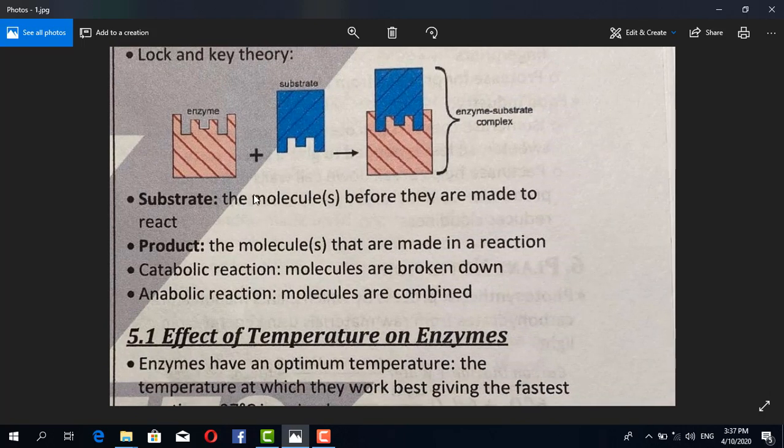The substrate here is the molecules before they are made to react. Okay, in any chemical reaction, these are called reactants, or enzyme and substrate, and afterwards, after they bound, we will call them a product.